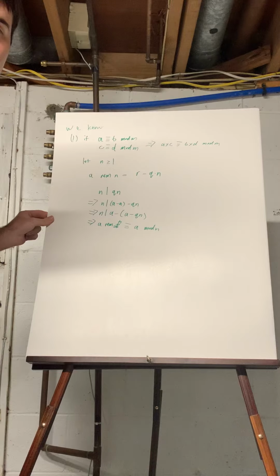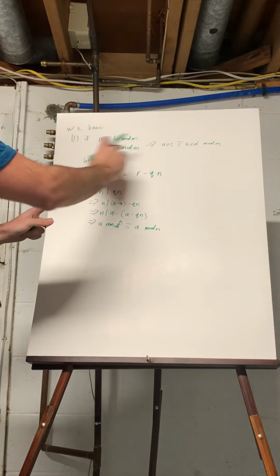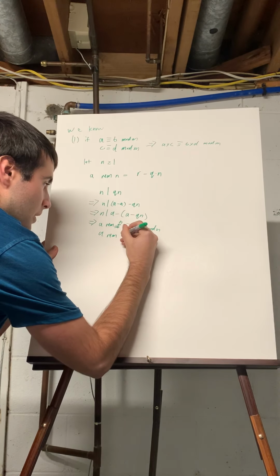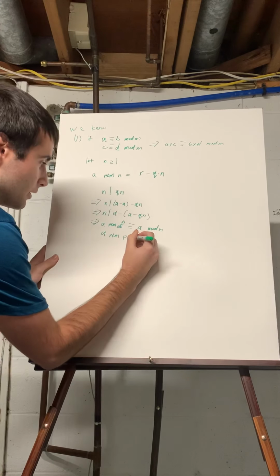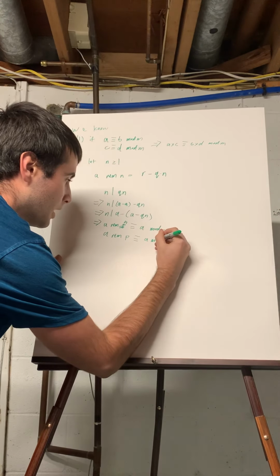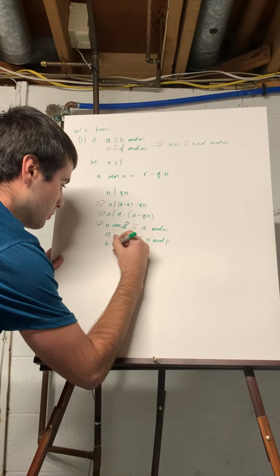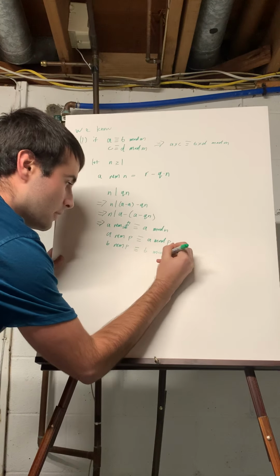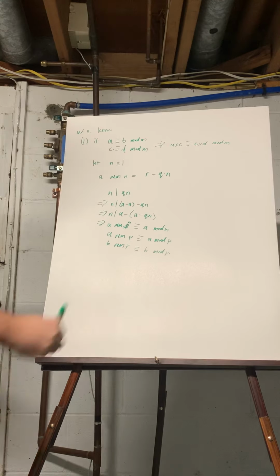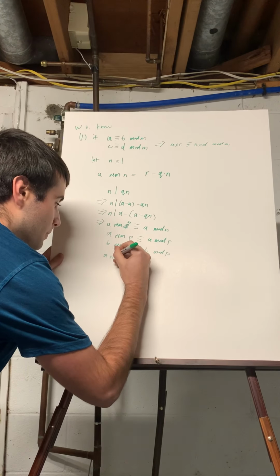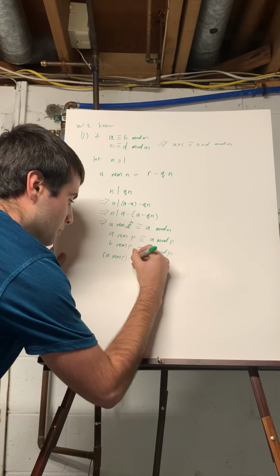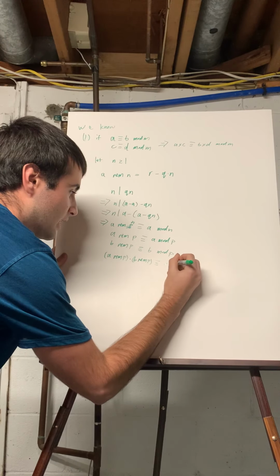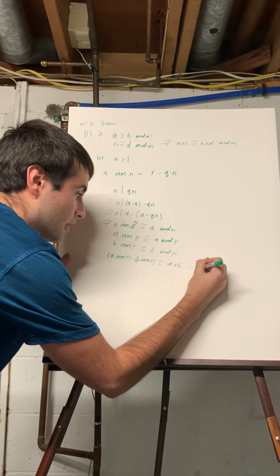So now, the continuation of this lemma. By this result number 1 here, we know that if a rem p is congruent to a mod p, and b rem p is congruent to b mod p, then we can say by this number 1 here that a rem p times b rem p is congruent to a times b mod p.